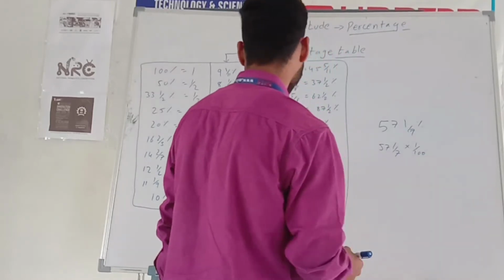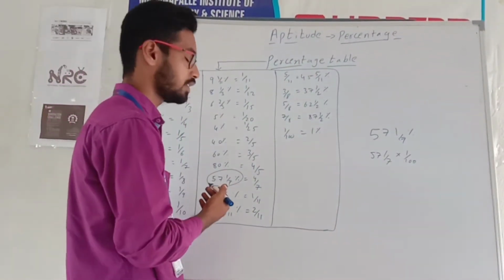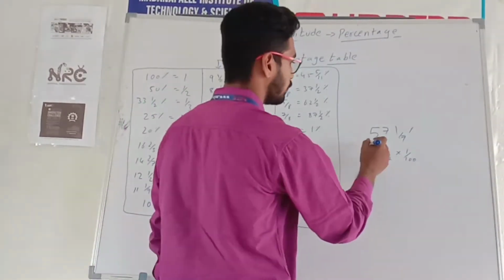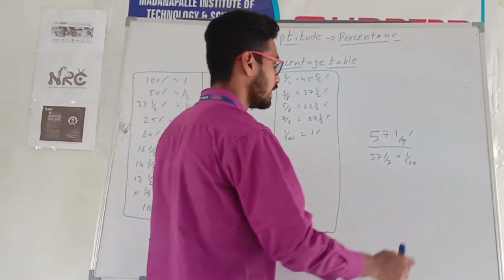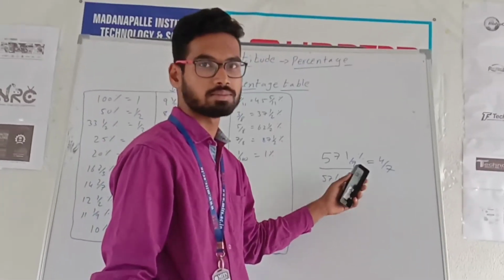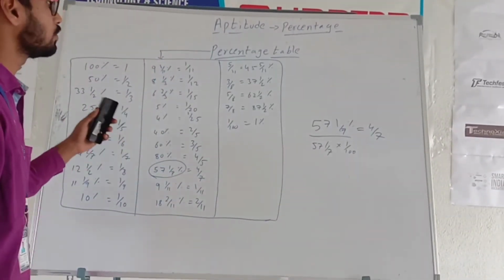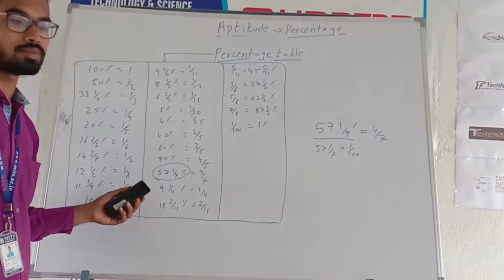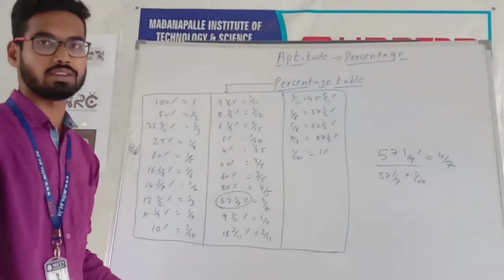But if you learn this percentage table, whenever you see a question with 57 1 by 7%, you can directly write the fraction 4 by 7 in an easy manner. So I request you to note all these values, so that it will be helpful at problem solving time.